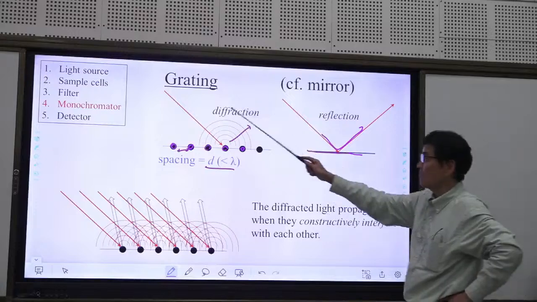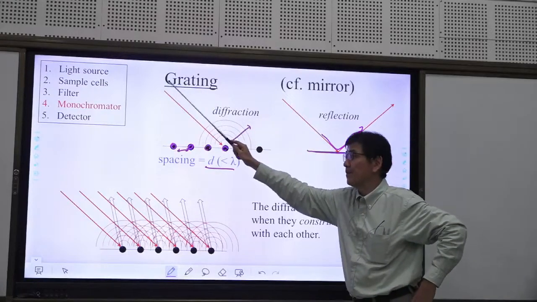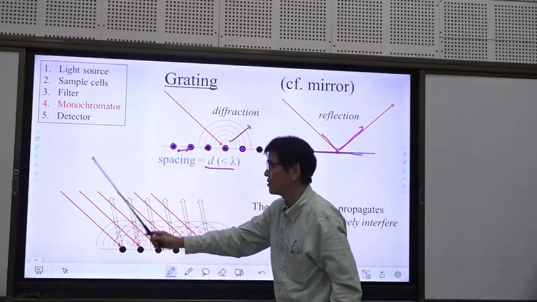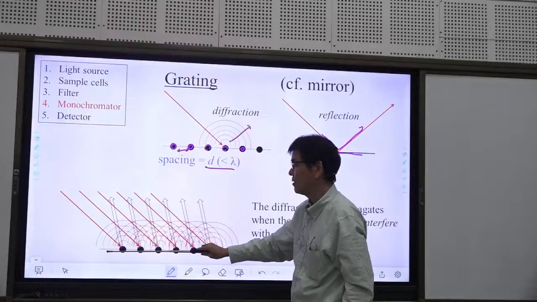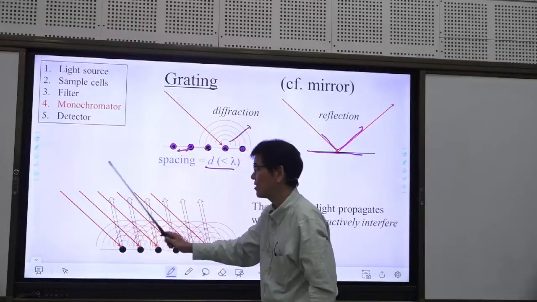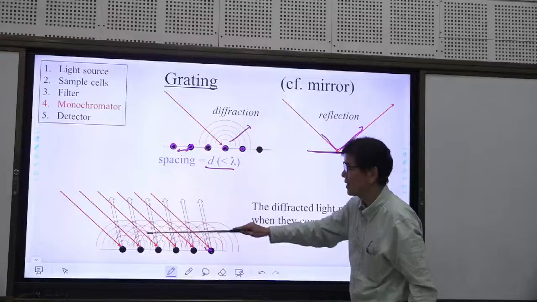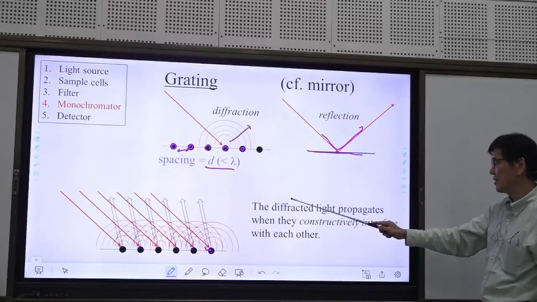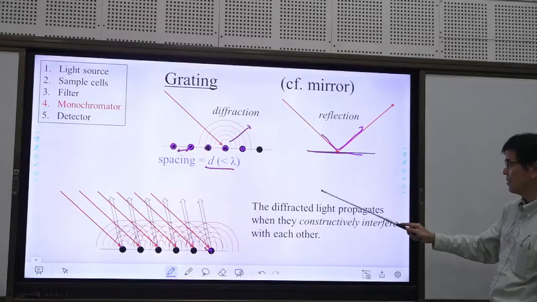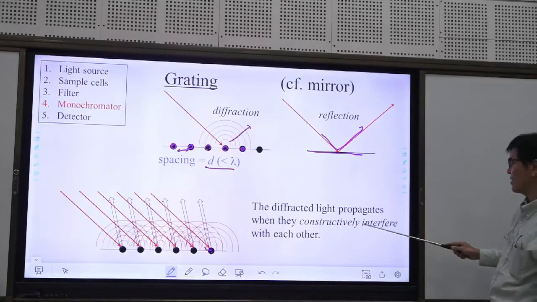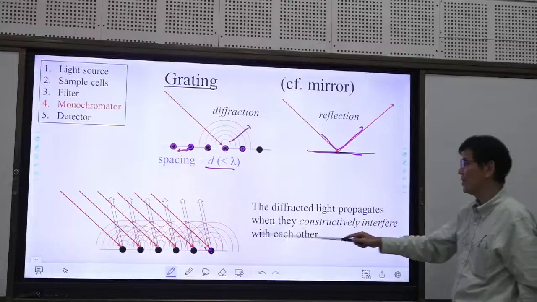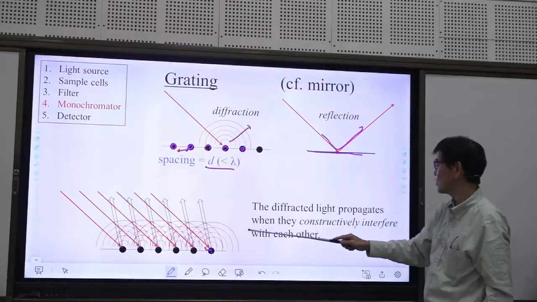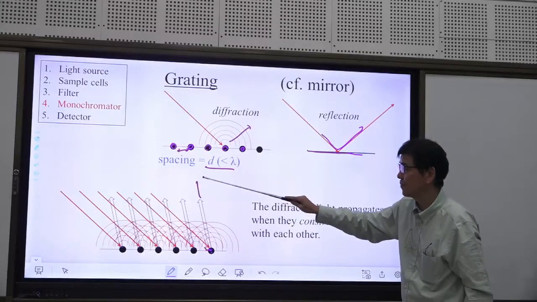Okay, so this figure is about only one ray, but actually a parallel beam comes onto the grating. So there are multiple rays and multiple diffraction lights. If the diffracted light constructively interferes with each other, then it can propagate in a certain direction.